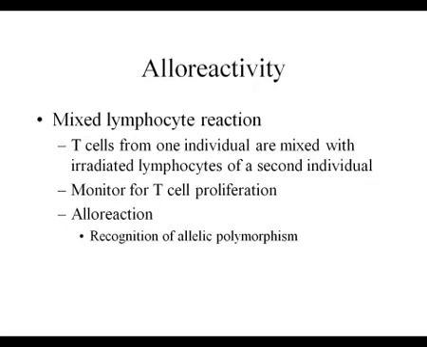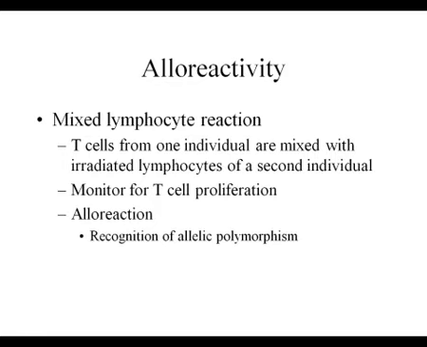This is the reaction where you would isolate T cells from the blood of an individual, and you would mix them with irradiated lymphocytes from another individual. They're irradiated because you don't want them to have the capability of dividing anymore.